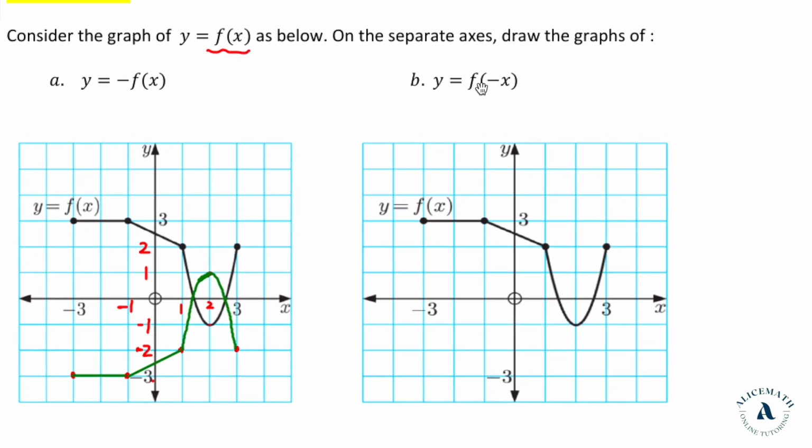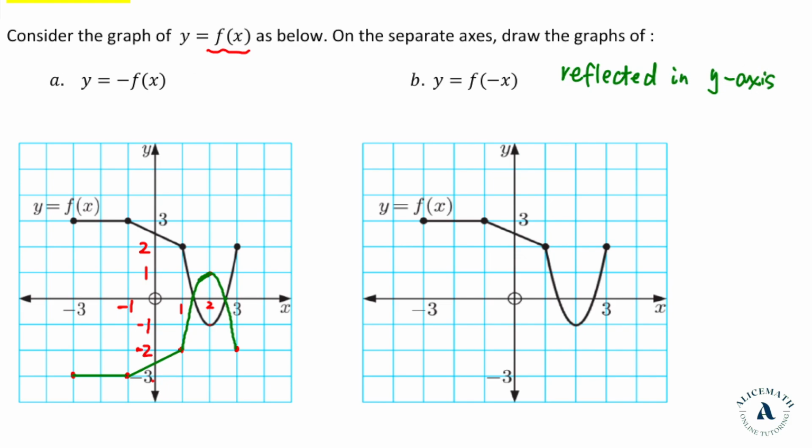y equals f(negative x). So from this function, we find x has a times minus 1 in front, which means we change the sign of x, but we keep the same y-coordinate, you see? So here is a reflection in the y-axis.